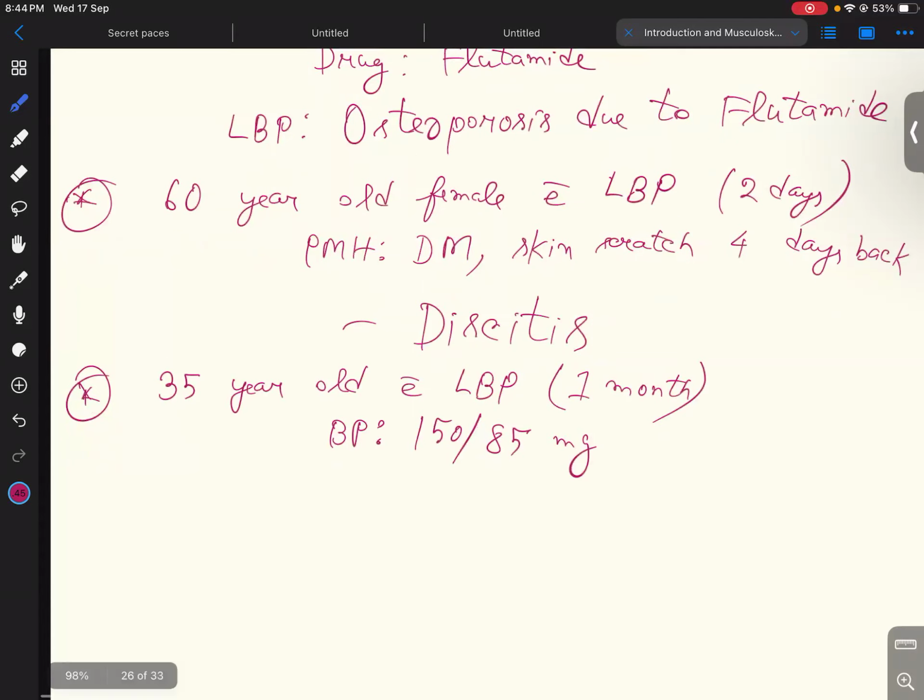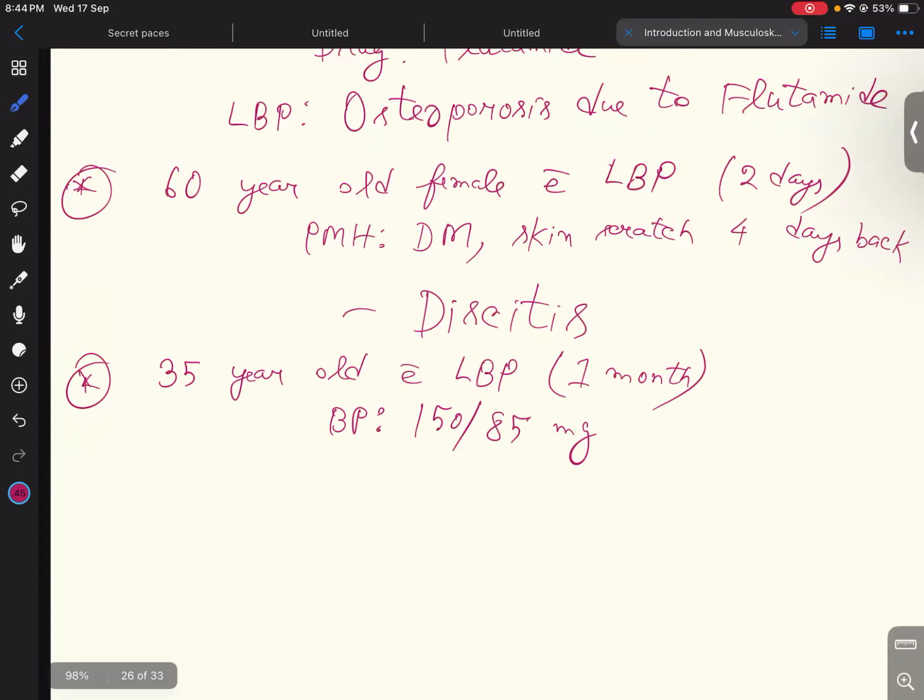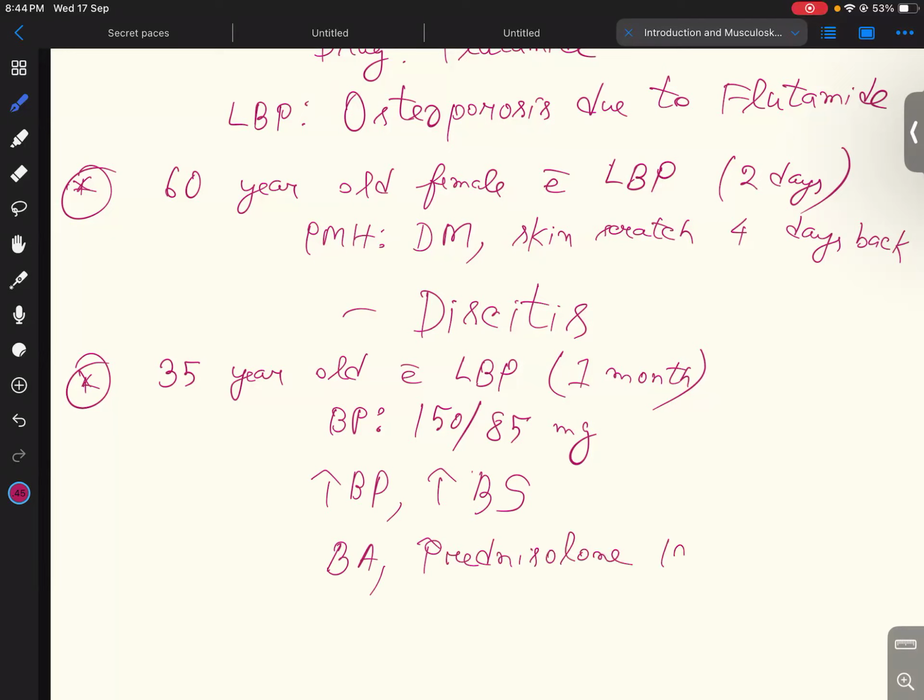After entering the station, you see that she has localized weight gain mostly in the central part of the body. And she is recently diagnosed with high blood pressure and high blood sugar. She is a patient of bronchial asthma and taking prednisolone tablet, 10 milligram for the past 2 months.